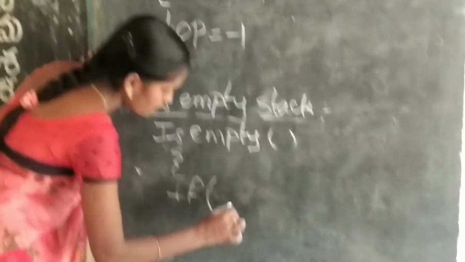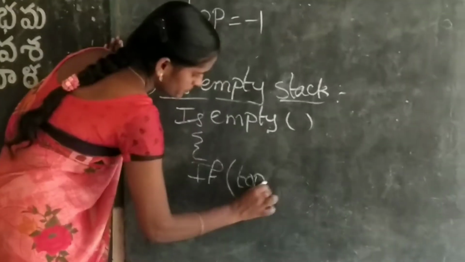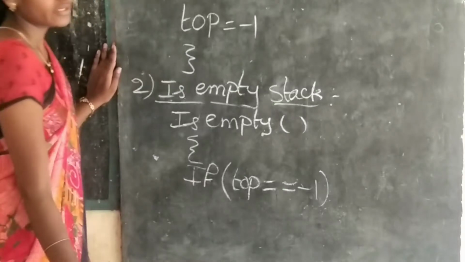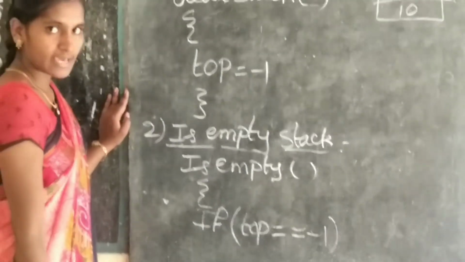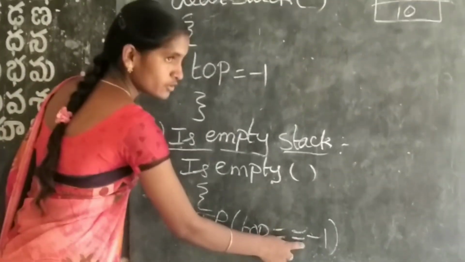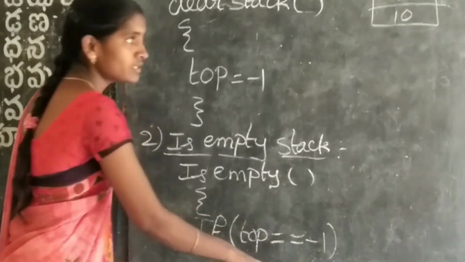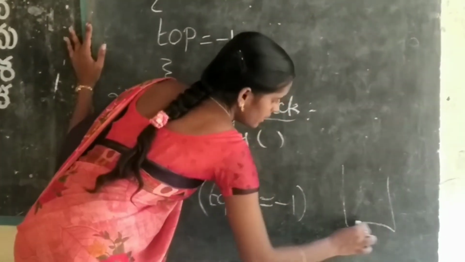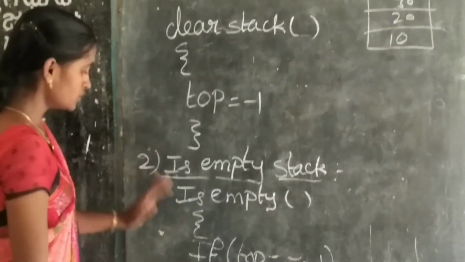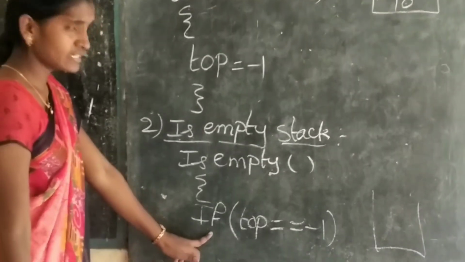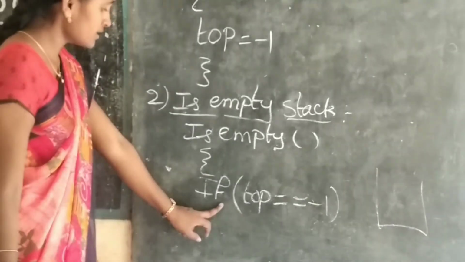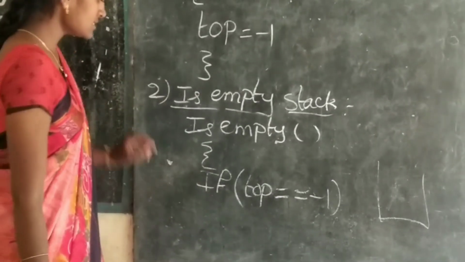If top double equal to -1, we compare the stack top with -1. Whenever top equals -1, the stack is empty. That's why we consider this for is empty or not. We check the condition like this.